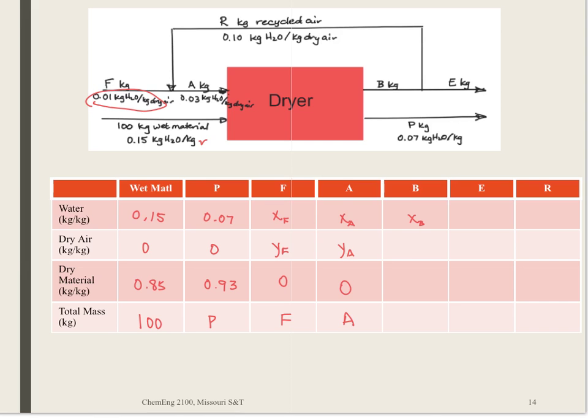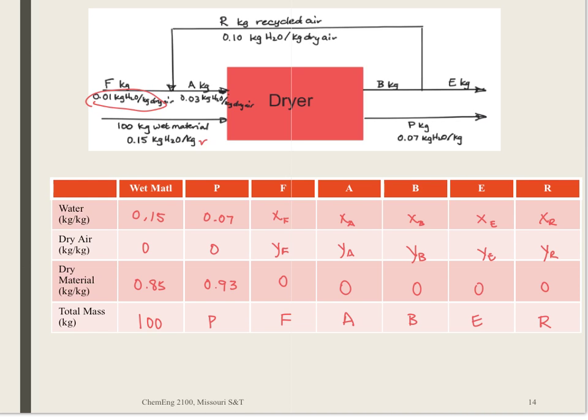Similarly, B, E, I know nothing on that one. And the recycle stream, I know this thing that somehow is similar to a mass fraction, but not quite.